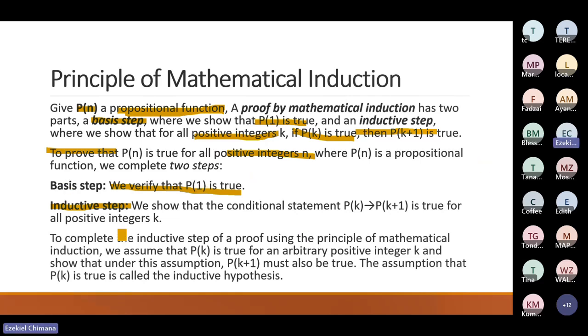All right, so on the inductive step, we show that the conditional statement P of k implies P of k plus 1 is true for all positive integers k. What you are just saying here is, if it is true for P of k, it must also be true for P of k plus 1.